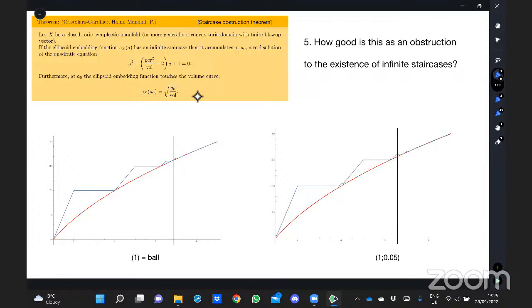What I mean is, given X, I can compute A naught, and then if it were a perfect obstruction, we would say that this function has an infinite staircase if and only if, when I compute the function at A naught, it intersects this red curve.